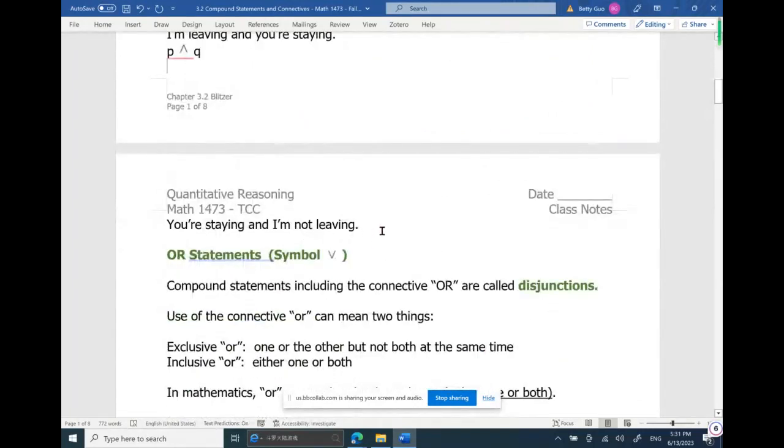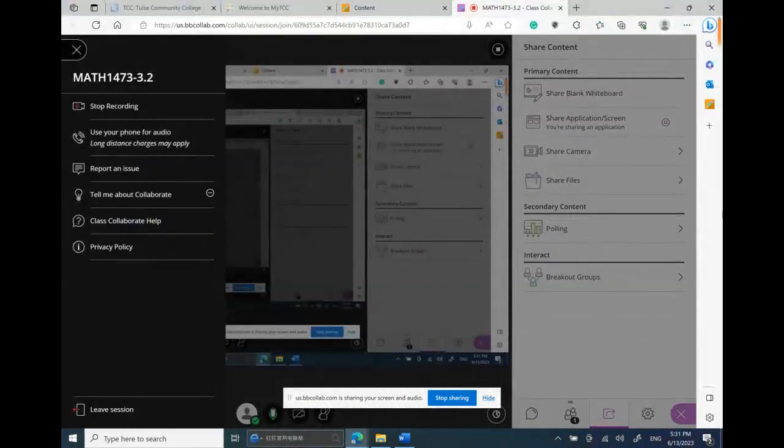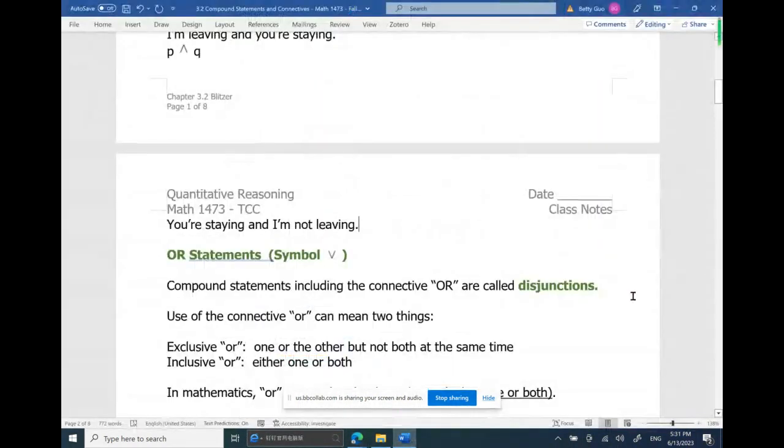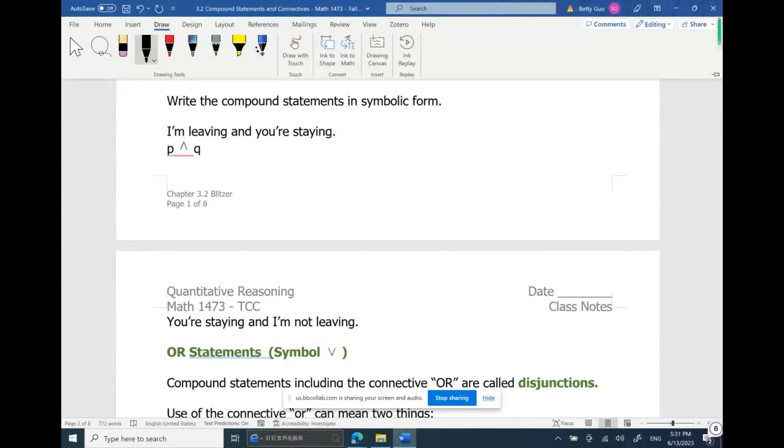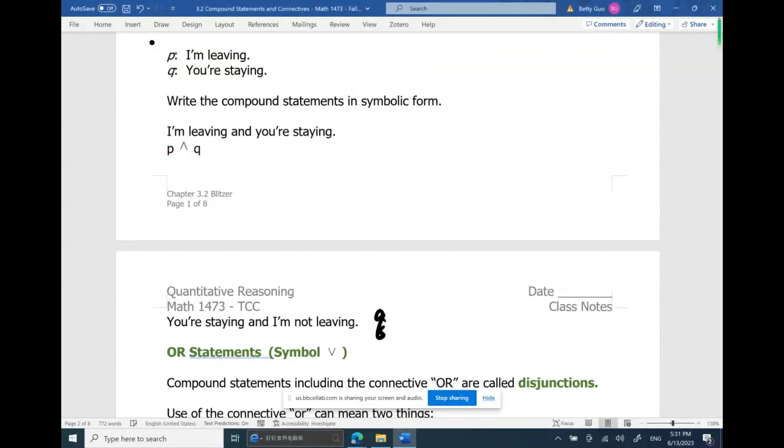You're staying and I'm not leaving. I'm going to handwrite those results. You're staying, so it's Q. And I'm not leaving.